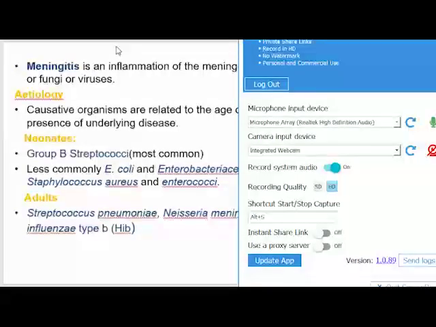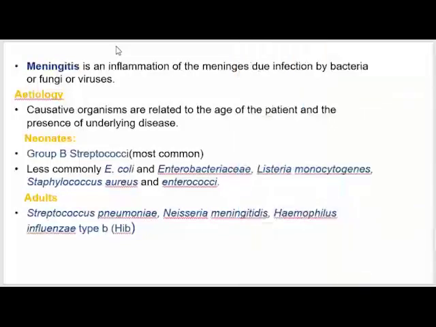I have a question for you. In adults, which causative organism is notifiable?